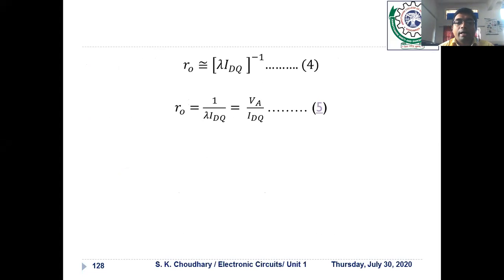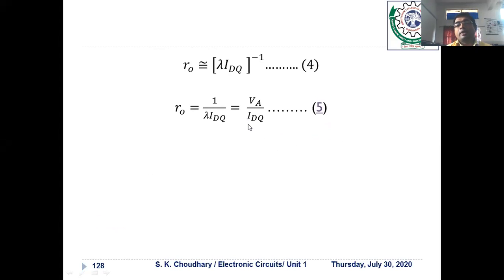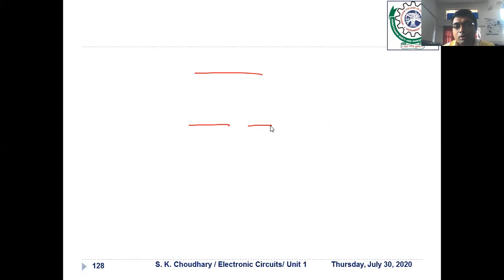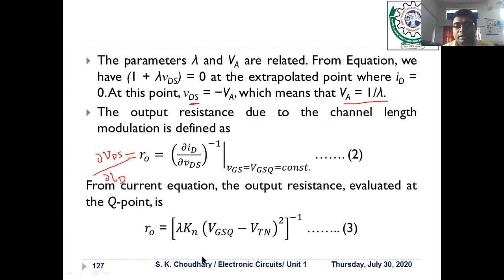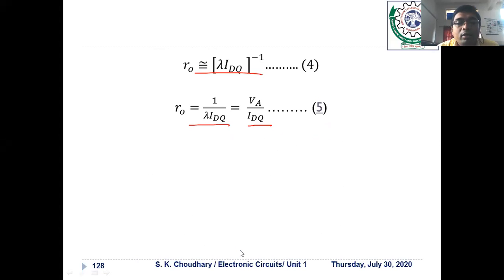And 1 upon lambda is VA, so you can also write the finite output resistance as VA upon IDQ. So you can use any of these formulas, or also equation number 3. All formulas are correct for determining the value of R0.